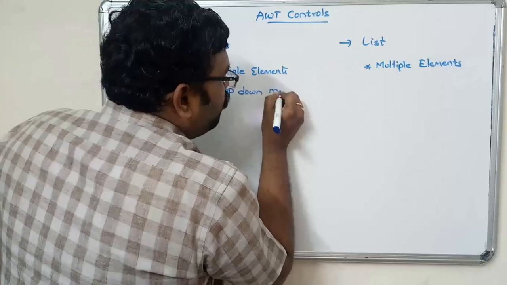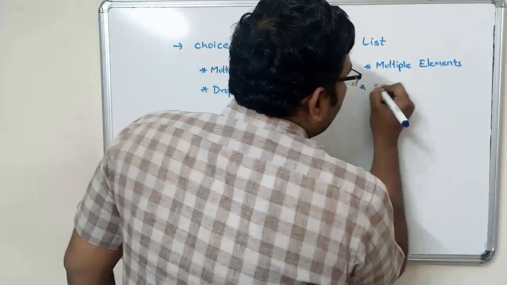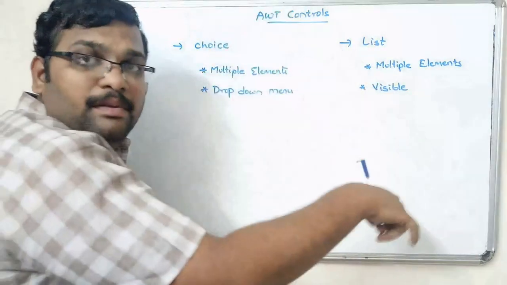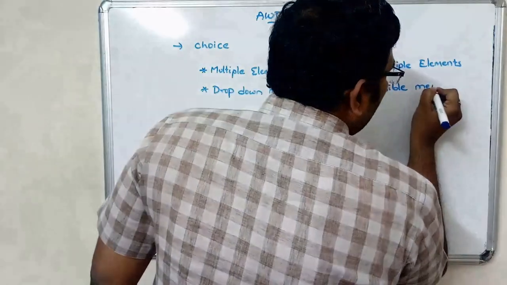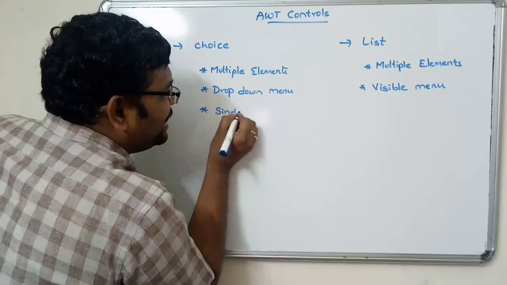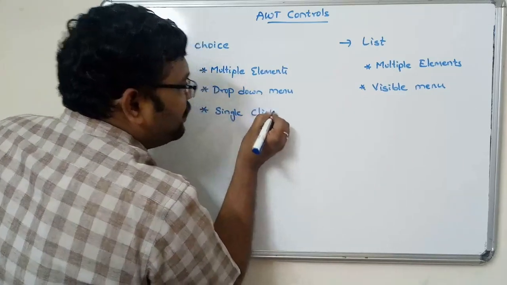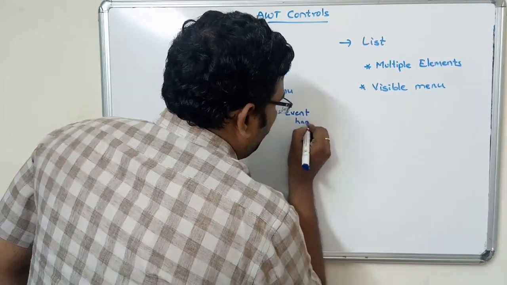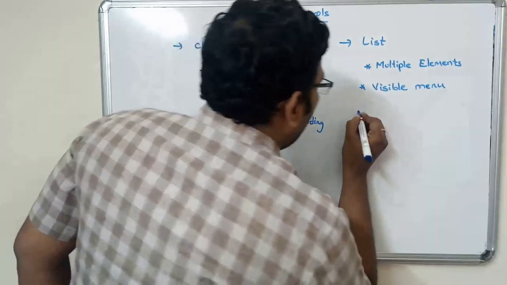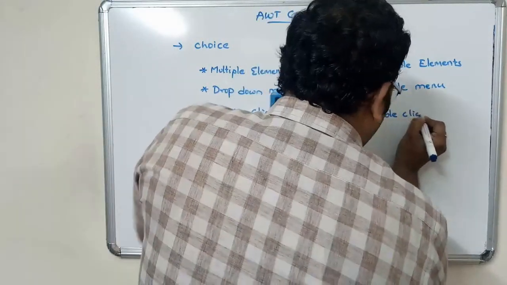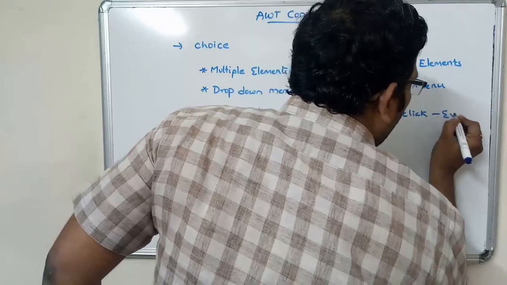List is a visible list, so there will be no menu, everything will be visible. For choice, a single click is enough for event handling. For list, a double click is required for event handling.